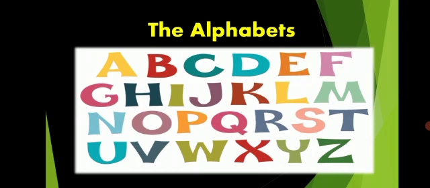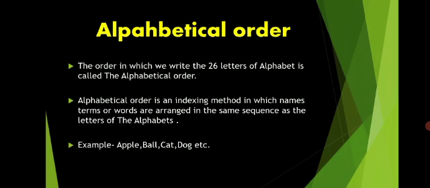Now, moving on to our next slide, we will discuss alphabetical order. So children, as you are already aware, the English alphabet has 26 letters, and the alphabets are arranged in a particular order.